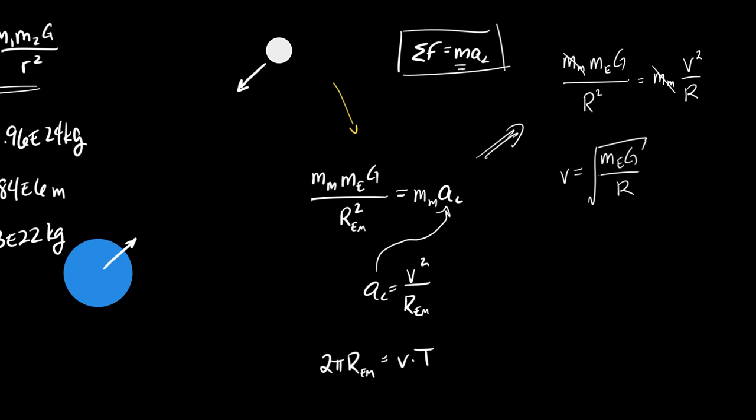ME is the thing at the center. It's the gravity well. So if this was the Earth around the sun, a satellite around the Earth, a moon around Jupiter, the thing at the center is the mass that's here. So it tells you that no matter what you put into orbit, or no matter what orbit it's at, everything at the same altitude has the same velocity.